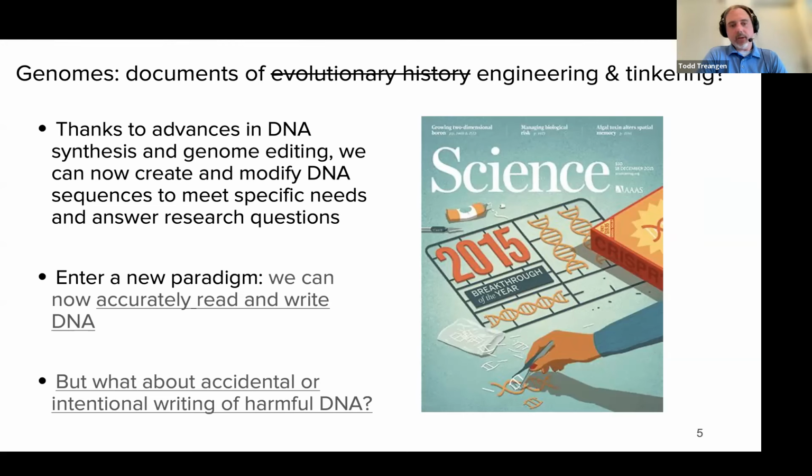We can now accurately read and write DNA. The central question underlying this research project I'll describe today is, what about accidental or intentional writing of harmful DNA? That was at the core of the IARPA FunGCAT program I participated in, and just broadly was a topic of interest to me. I'll take you through some of the software I've developed, some of the questions I've encountered, and lessons I've learned over the years.